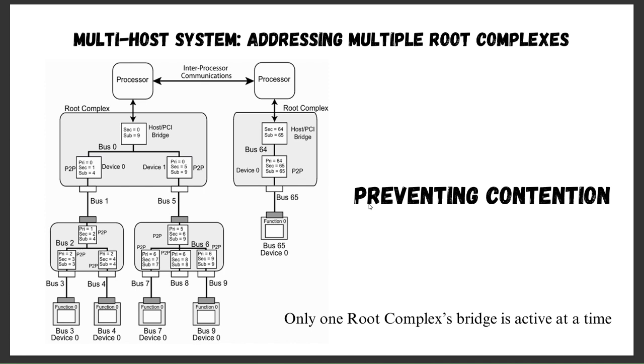What do we mean by contention? It means conflicts. When multiple root complexes are present, they share the same IO address for configuration. However, to avoid contention between them, only one root complex bridge is active at a time during configuration. How does it work?